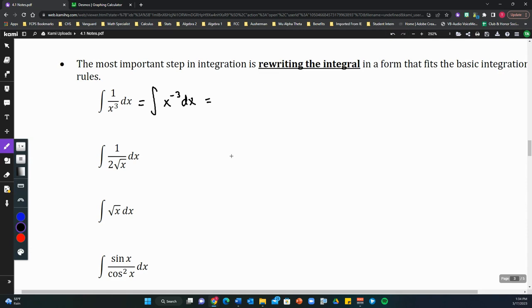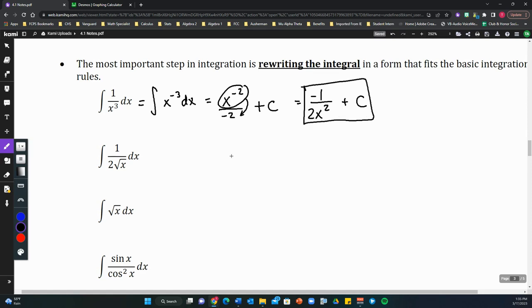So x to the negative 3rd, if I add 1, will now become x to the negative 2nd, divided by that new power, plus c. But again, we don't want to leave the negative exponents in there. So the negative sign I can actually move to the top with the 1 that's left there, but this guy, remember, needs to go to the bottom. So we get negative 1 over 2x squared plus c.